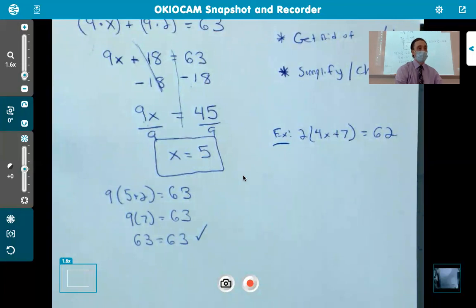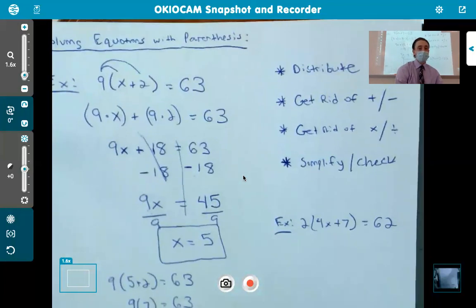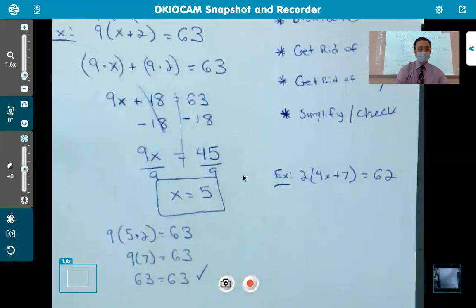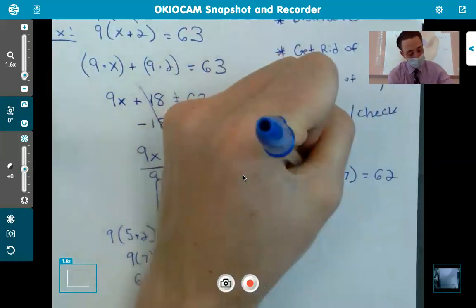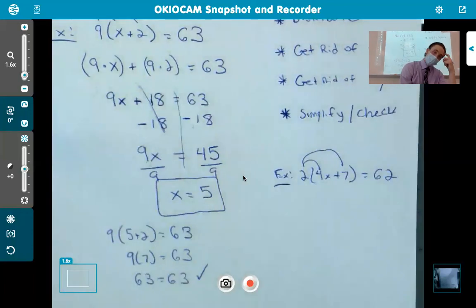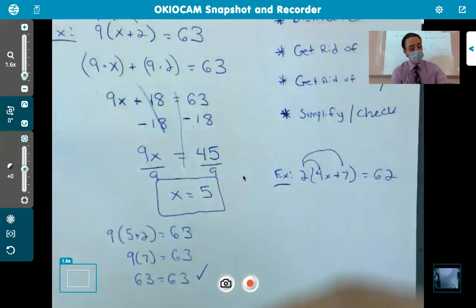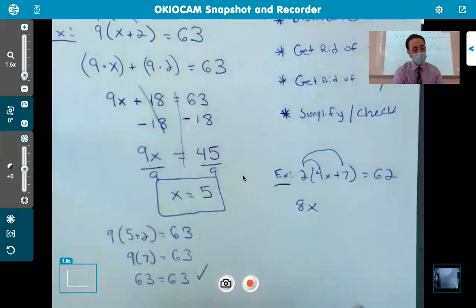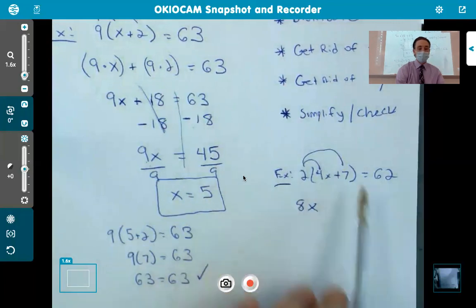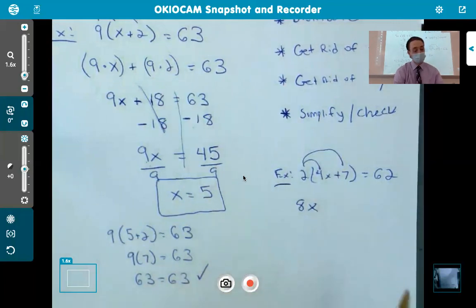Okay. My first step is to distribute, which means I'm going to take this 2 and multiply it by the 4x and the 7, right? Well, what's 2 times 4x? 8x, right? I multiply the numbers together, the variable tags along. What's 2 times 7? 14, good.